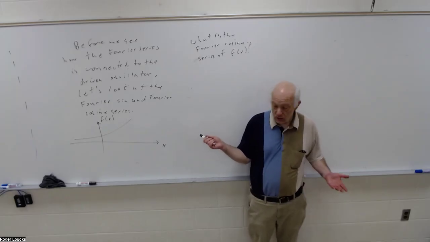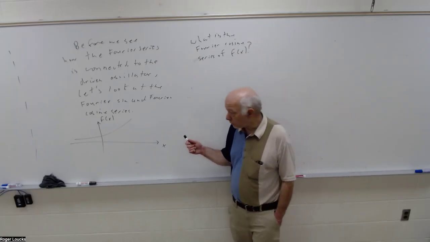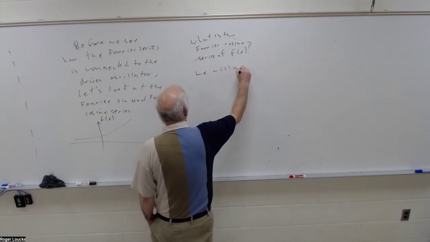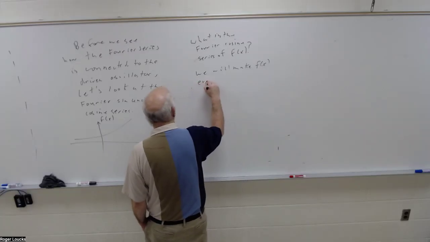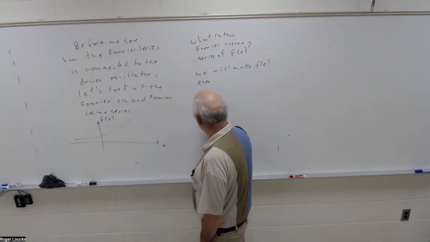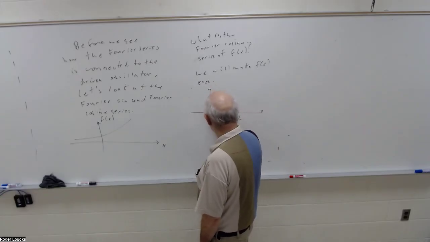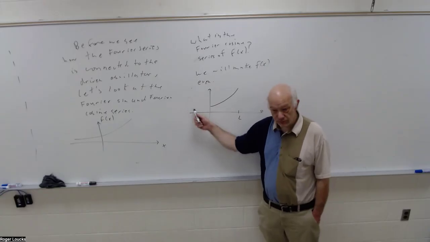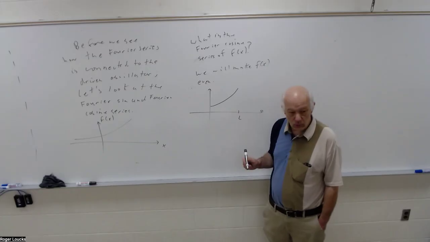It's not. So what I'm going to do is make this even. We only look at this part of the function and completely blot out the rest. Now I have to make this even.